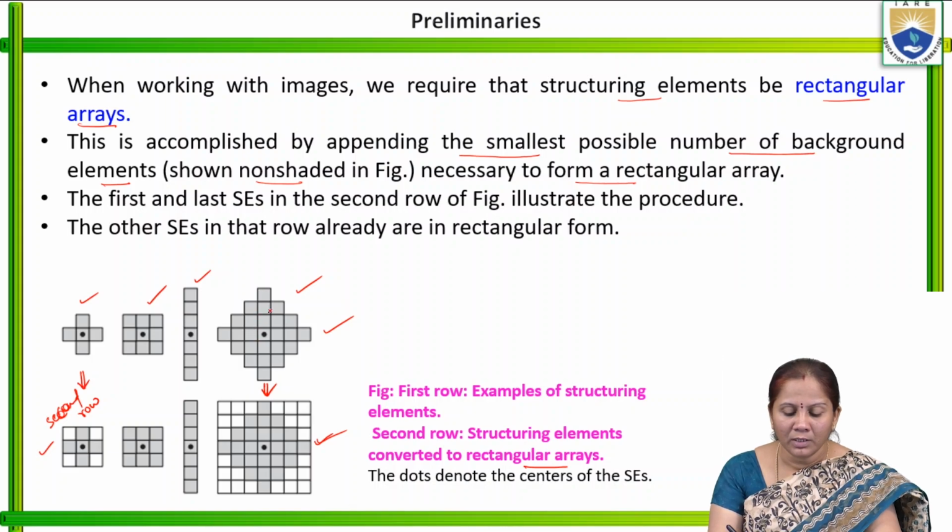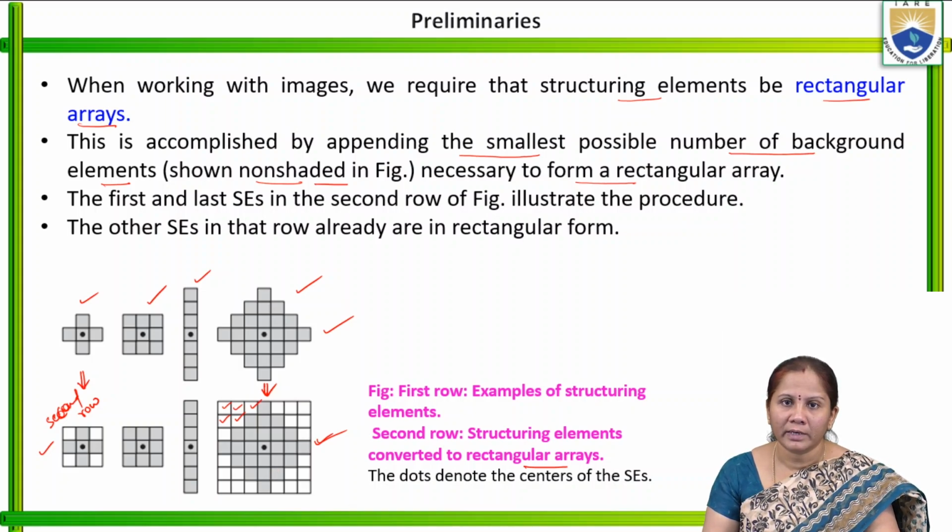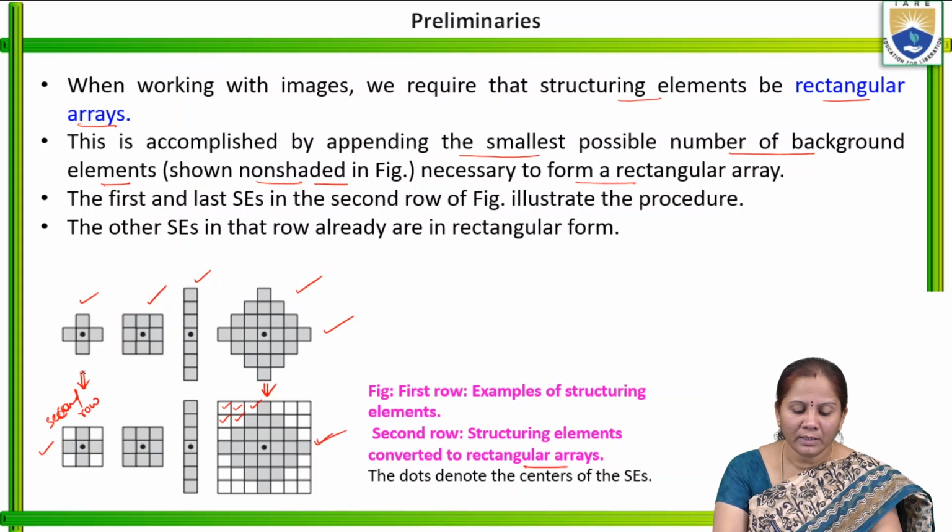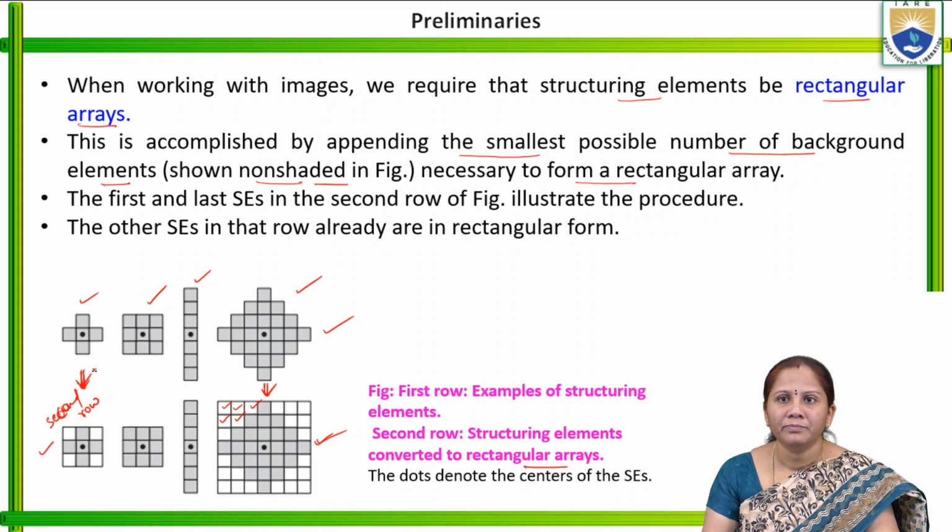When converted into rectangular form, all these shaded elements represent the actual structure of the structuring element, whereas all these are the non-shaded regions that are included in order to make the structuring element rectangular. Similarly here also.